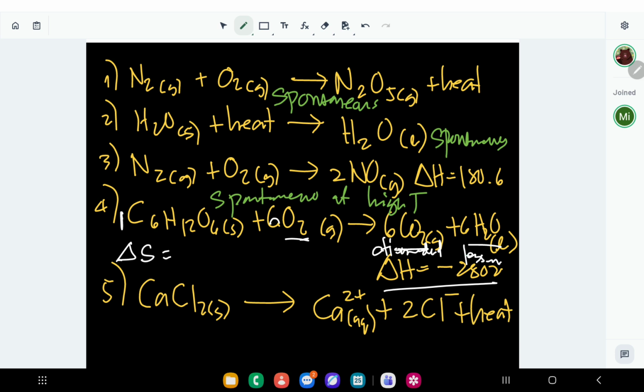Okay, if we add them up for delta S, you were right, delta S is positive, an increase in disorder.